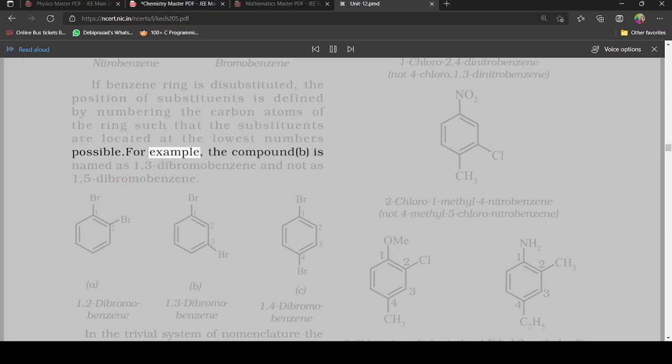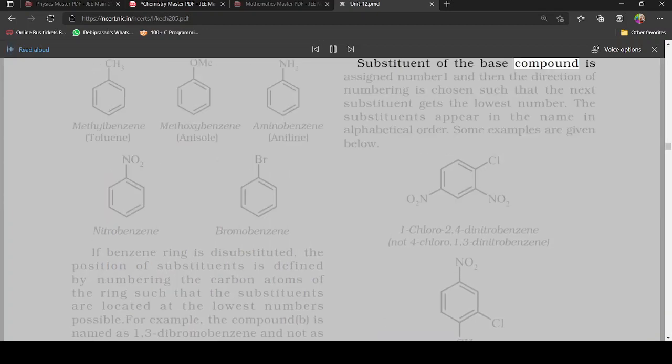For example, the compound B is named as 1,3-dibromobenzene and not as 1,5-dibromobenzene. The substituent of the base compound is assigned number 1, and then the direction of numbering is chosen such that the next substituent gets the lowest number. The substituents appear in the name in alphabetical order.